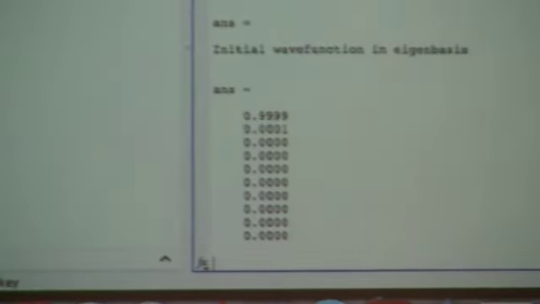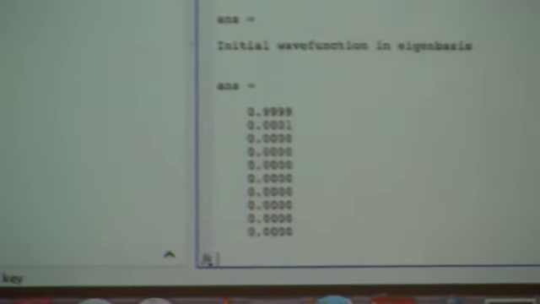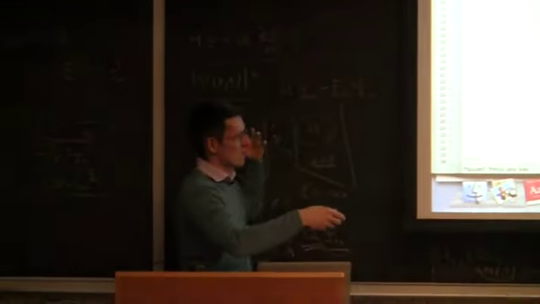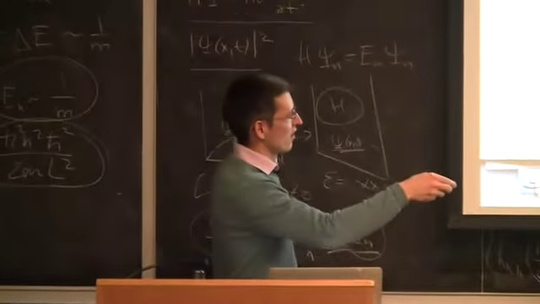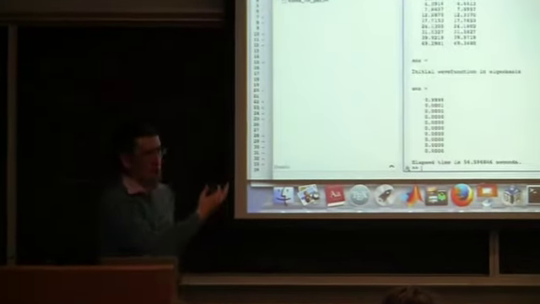All right, and the reason for that, if we look at the weights, so essentially squares of these coefficients in the expansion, the ground state of the original problem is 99.99% the ground state of this problem. So there is not much of the superposition formed. It's 99% the ground state, and the first excited state only contributes less than 1%.